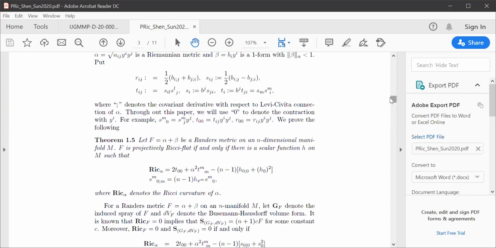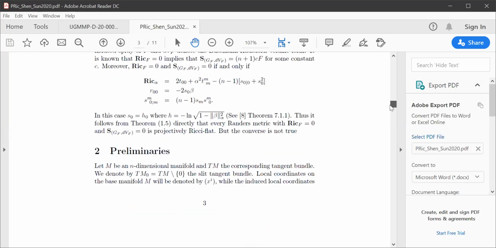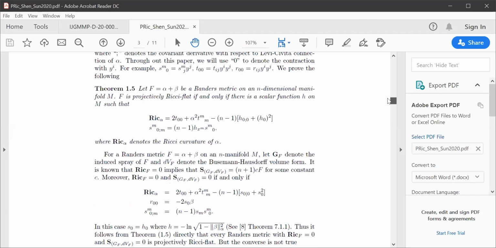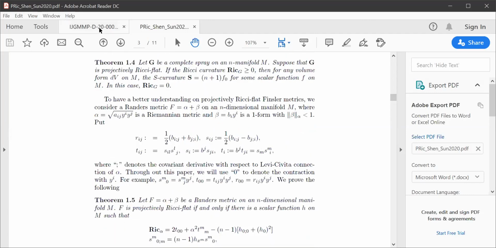In that direction, technically you can derive some equations to characterize project Ricci-flat matrix. So I'm going to talk about another paper. Someone did that, but I'm not sure. There are lots of problems, lots of areas that can be improved. So let me bring up another paper.